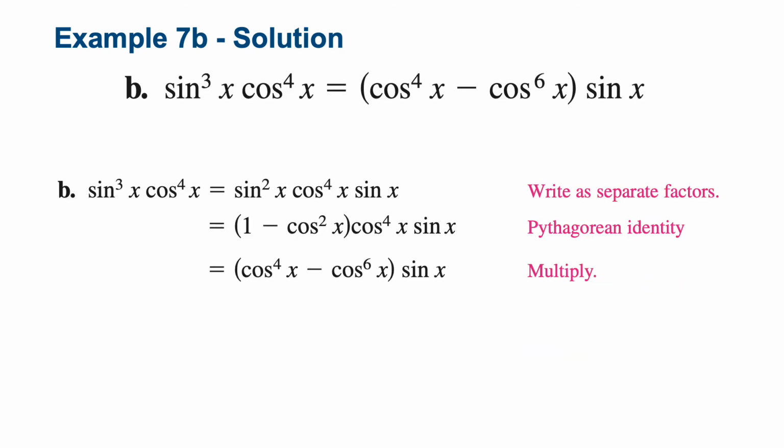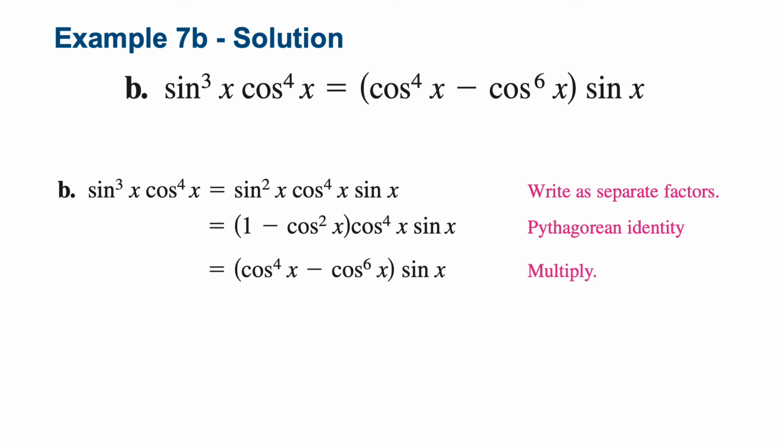So let's look at B. We have sine cubed x cosine to the fourth x is equal to the quantity cosine of x to the fourth power minus cosine of x to the sixth power, times sine of x. So let's start with the left-hand side.